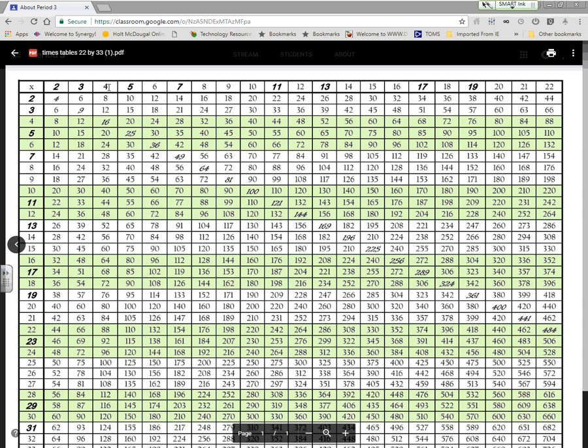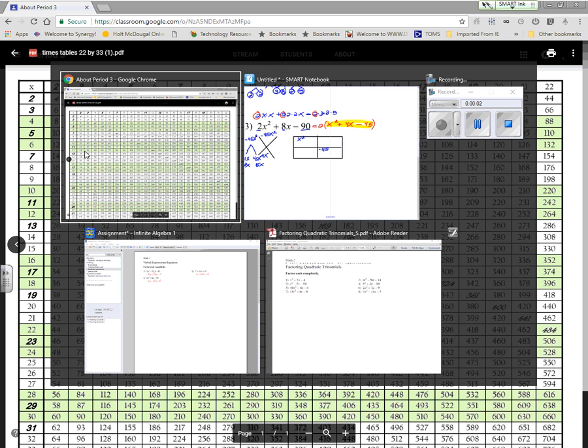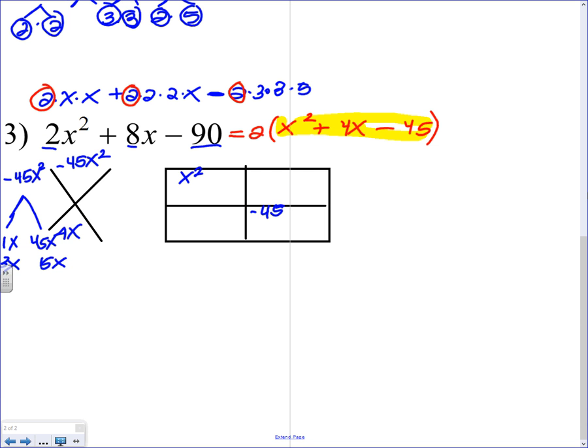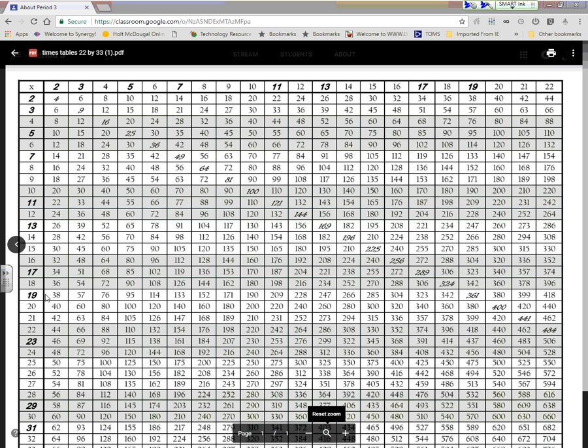Now let's try 4. Can 4 multiplied by something give me 45? No, it doesn't. What about 5? 5 and 9. So next I know that I need to use 5x and 9x. What about 6?